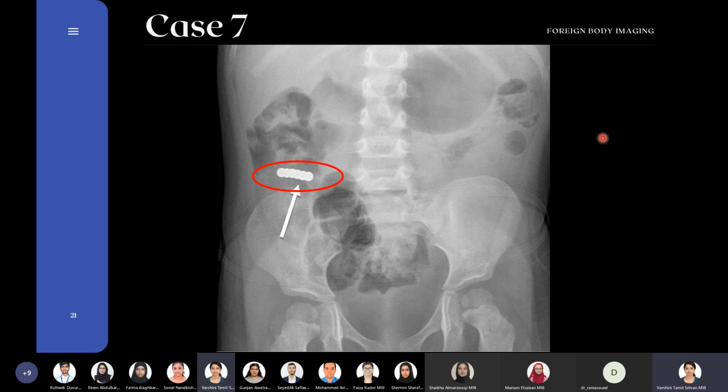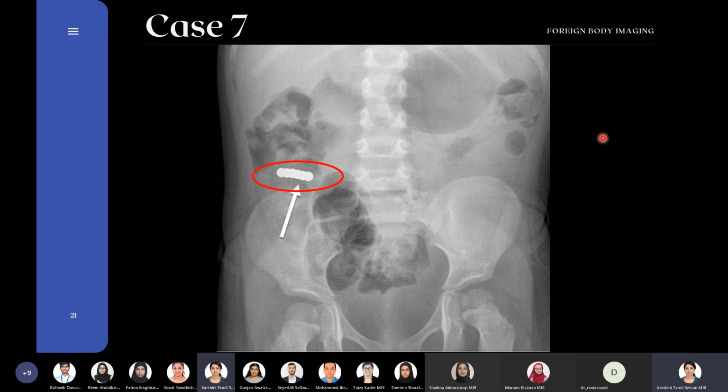What's the material of the foreign body? Yes, beads, marbles. You are close, but these are actually magnets. So the child has actually swallowed a magnetic bracelet, and it's up in her ascending colon.